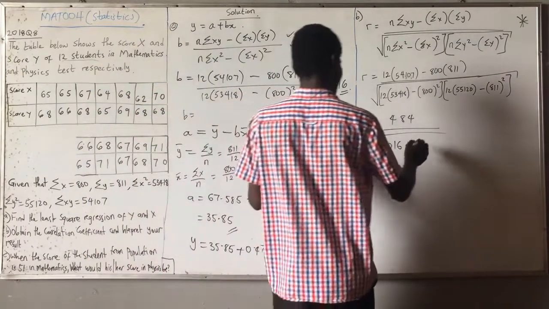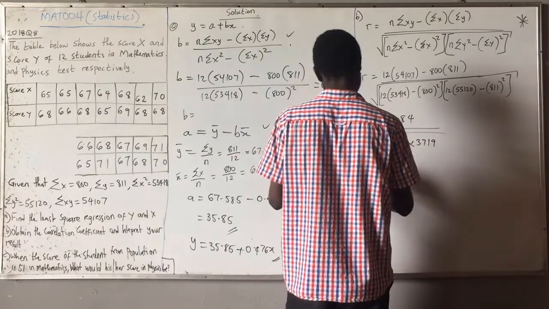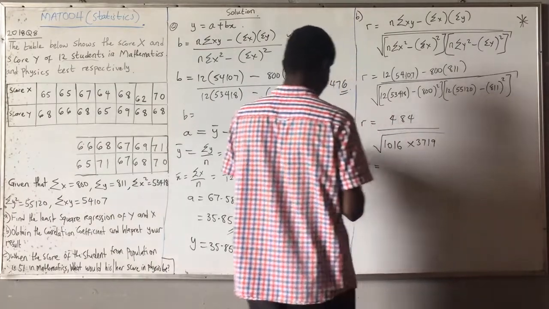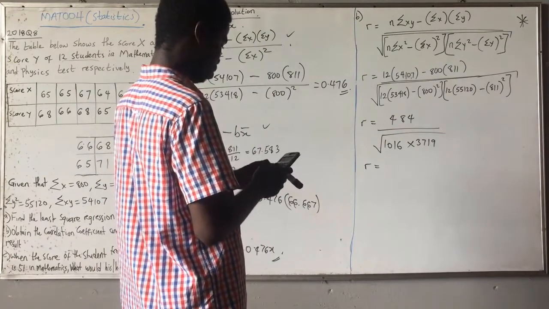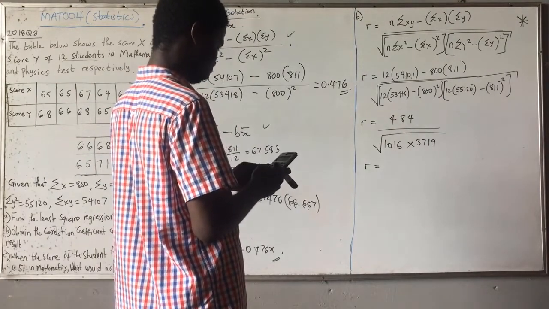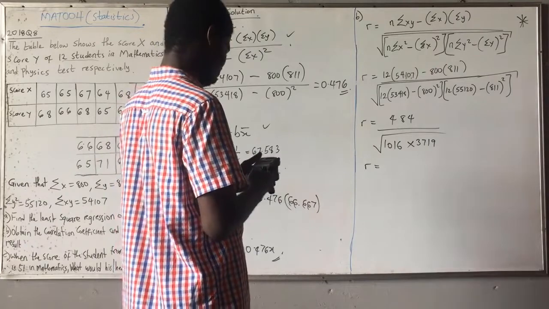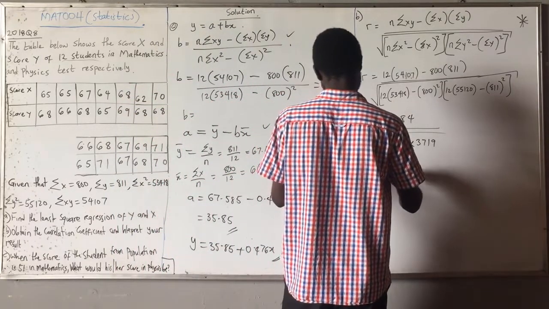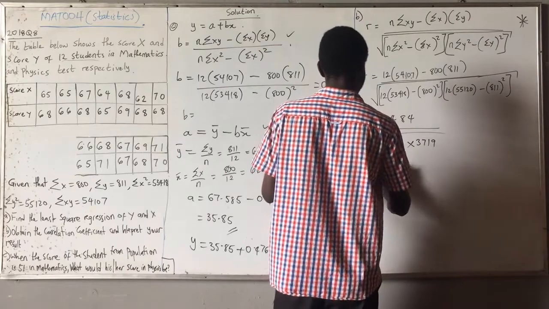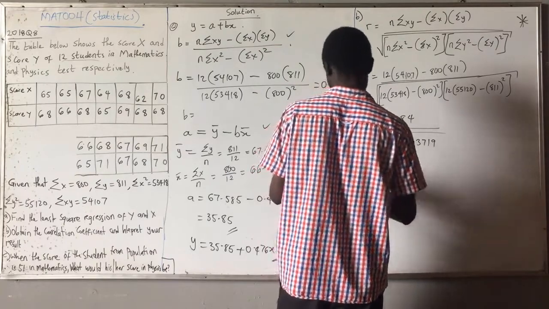So the answer is 3719. So R is equal to what? So I have 484 all over square root of 1016 multiplied by 3719. So the answer is 0.24, or let's say 0.25.